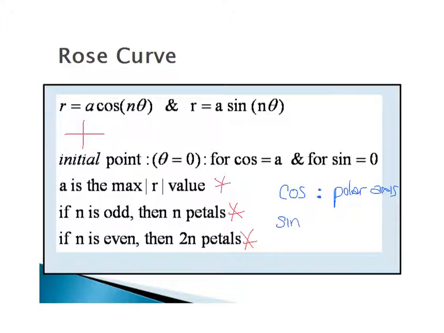Whereas sine is like your y value, so it's going to have what we call pi/2 line symmetry. That might help you figure out where those petals go. All right, so that's the quick summary to help you shortcut the process of graphing rose curves.